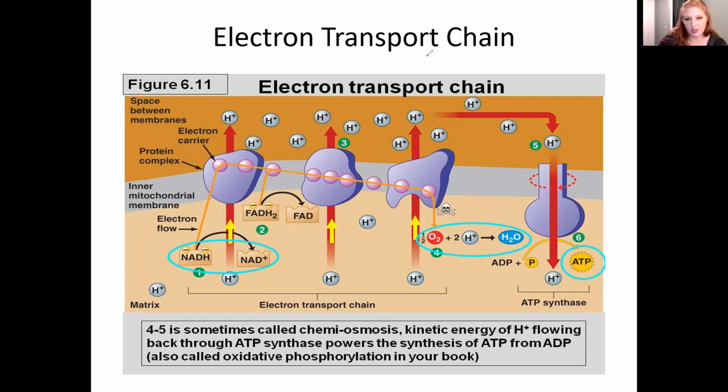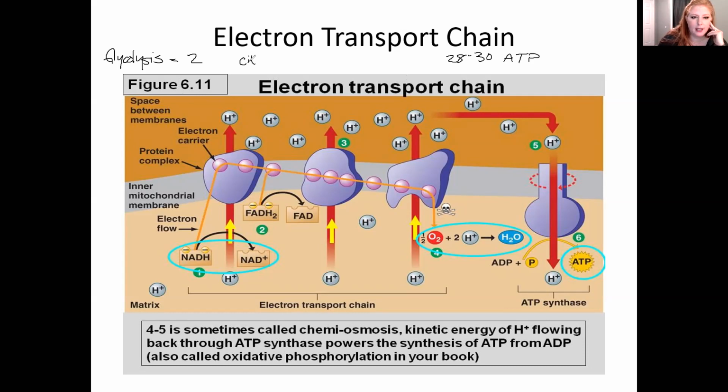This process creates, depending on the fuel source, between 28 and 30 ATP just in the electron transport chain, okay? Let's think about that. How many did we get out of glycolysis net? We got 2, right?